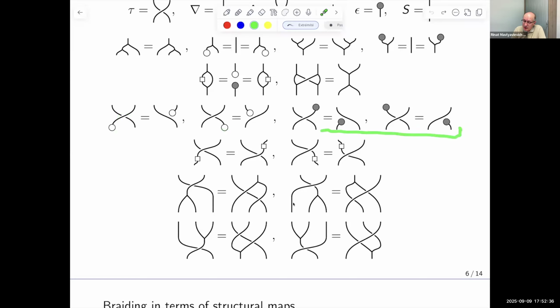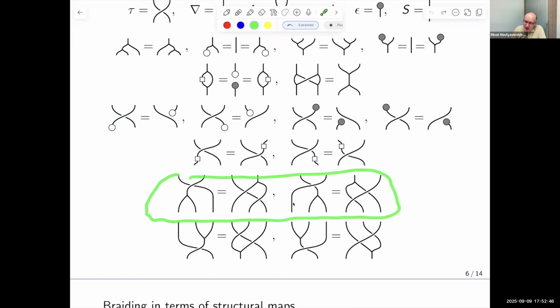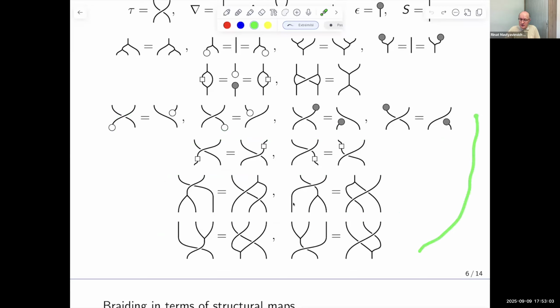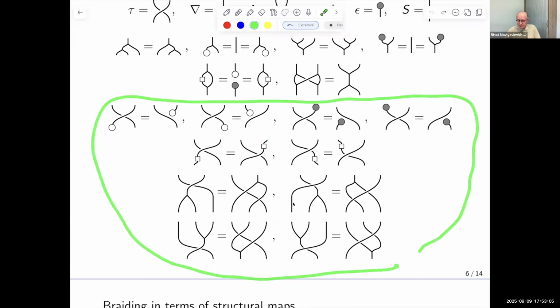Likewise for the counit, as well as for the antipode, and as well as for the product and the coproduct. So you see that if you are dealing with a non-trivially braided category, then you should keep in mind that the structural maps should be consistent with the braiding in the sense of all these diagrams.